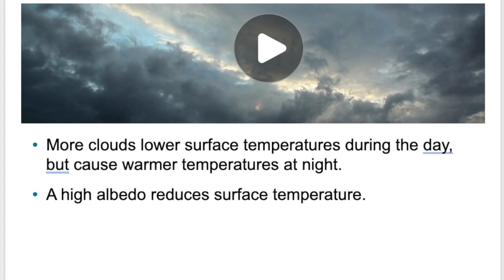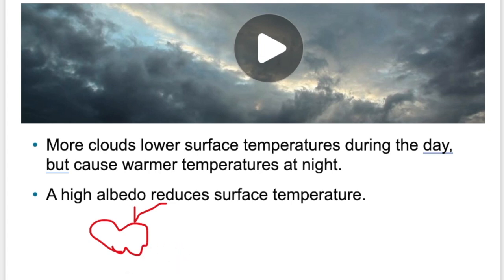So during the daytime, when the sun's radiation enters the atmosphere, the clouds will reflect the incoming solar radiation, and that is why clouds have a higher albedo, which will lower the surface temperature. So it will be a cooler temperature during the daytime, but at nighttime it acts as a blanket.